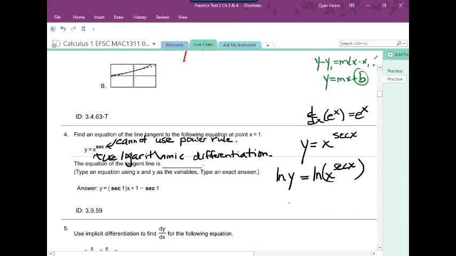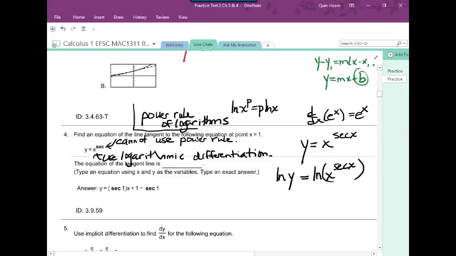And the reason why you do that is because, remember, there's a rule for logarithms called the power rule. Power rule of logarithms, not the power rule of differentiation. The power rule of logarithms says that if you take the natural log of x to the p power, that's p times the natural log of x.